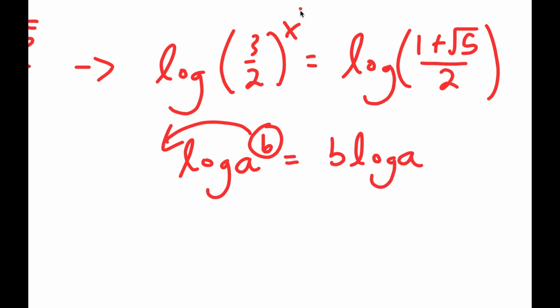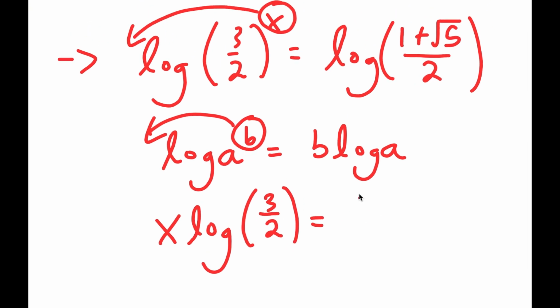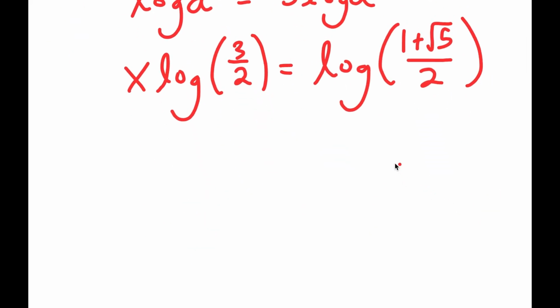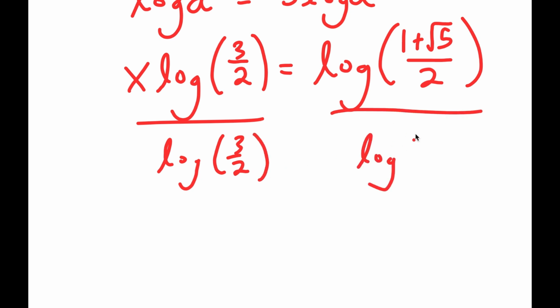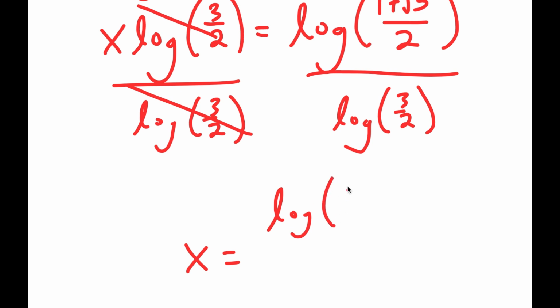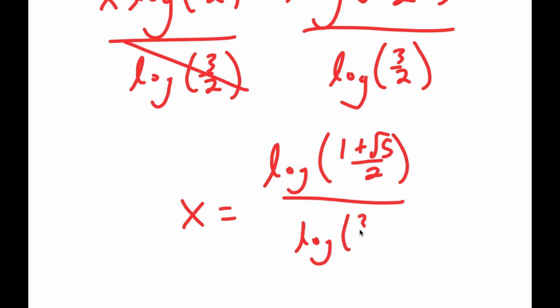So log of 3 over 2 to the power of x, I can move x to the front, so I get x times log of 3 over 2 is equal to log of 1 plus the square root of 5 over 2. Now, if I divide both sides by log of 3 over 2, these two cancel out, and I get x is equal to log of 1 plus the square root of 5 over 2 over log of 3 over 2.